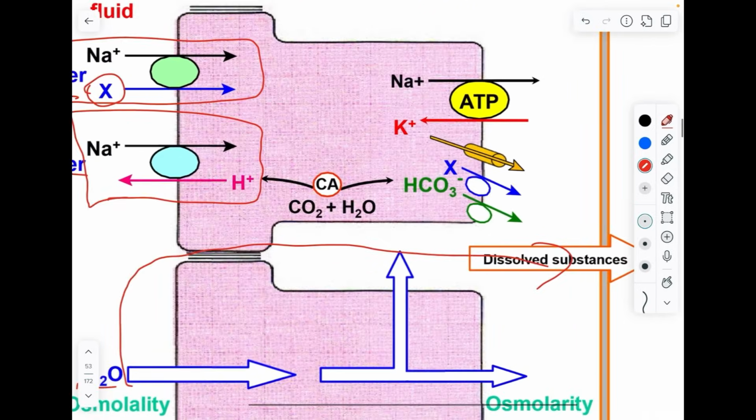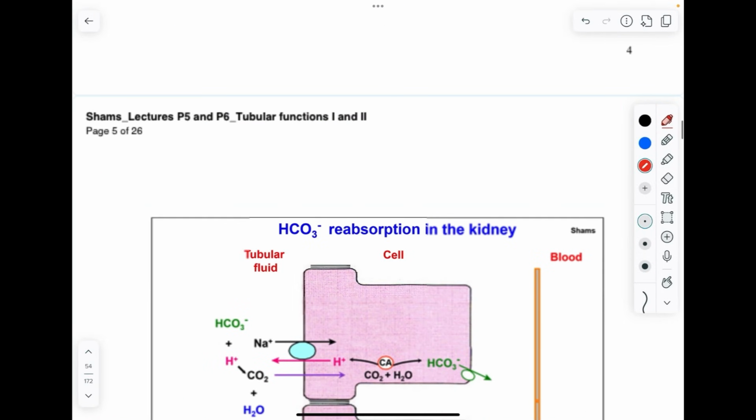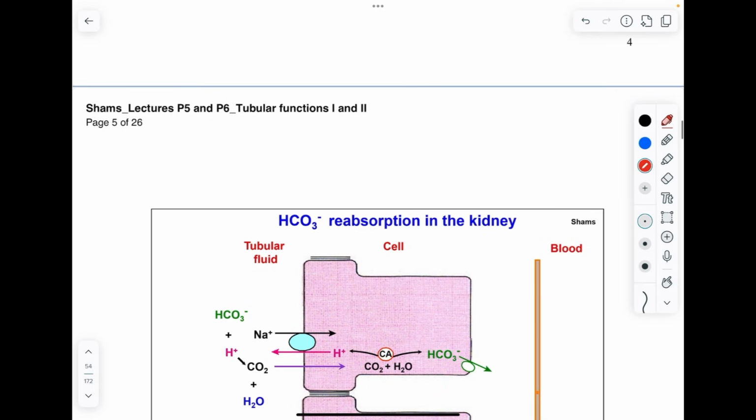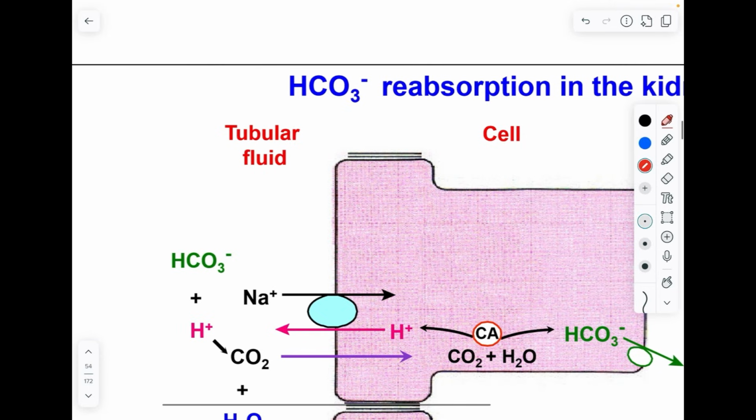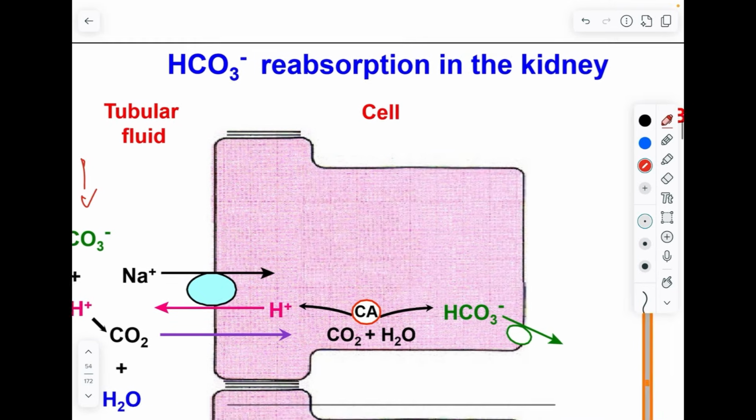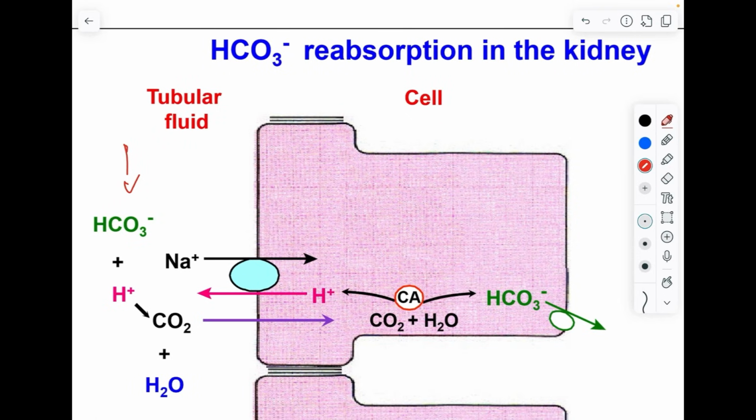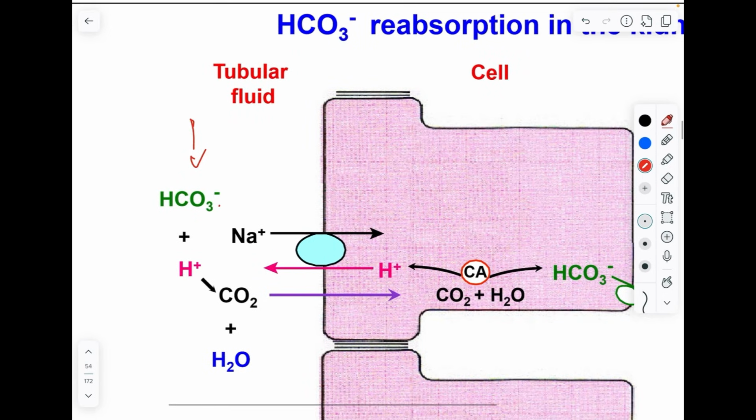Now you can also see here HCO3 reabsorption, which is bicarbonate. So now bicarbonate is going into the tubular fluid, okay? This is throughout the kidney, it's not special for some place. It will react with H plus to give us CO2 and water.